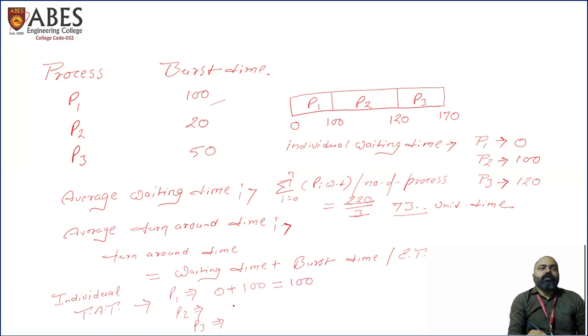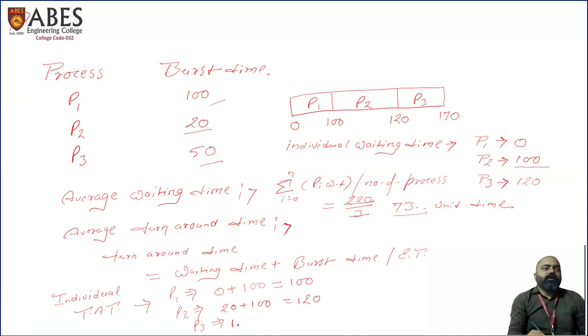For P2, what is the waiting time of P2? Waiting time of P2 is 100 and burst time of P2 is 20. So 100 plus 20, 120. For P3, it will be 120 plus 50.